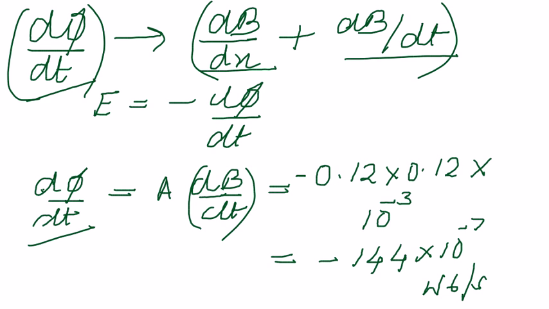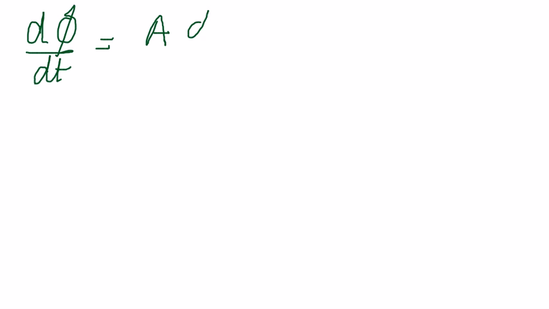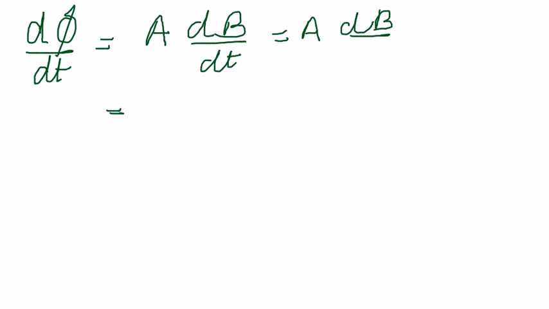Now let's find out what is d phi dt due to dB dx. d phi dt is A dB dt, which can also be written as A dB dx into dx dt. This dx dt is nothing but velocity, and this is given.